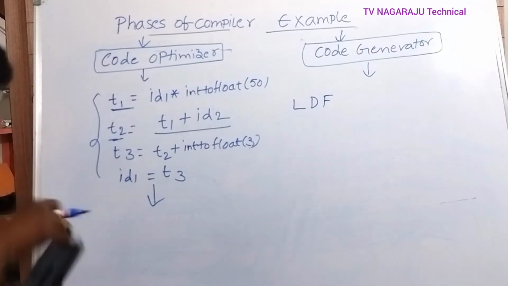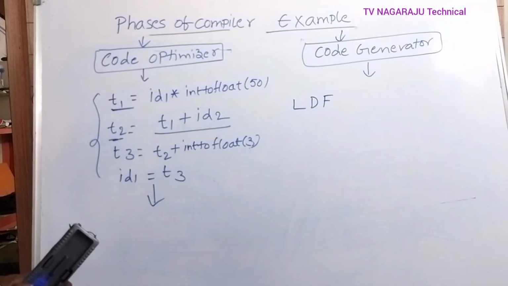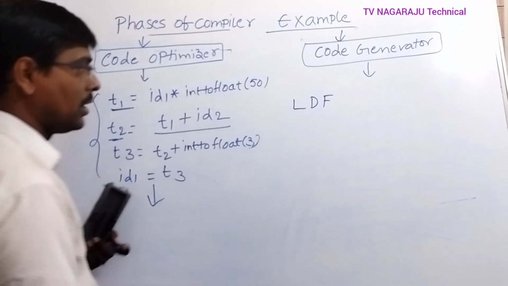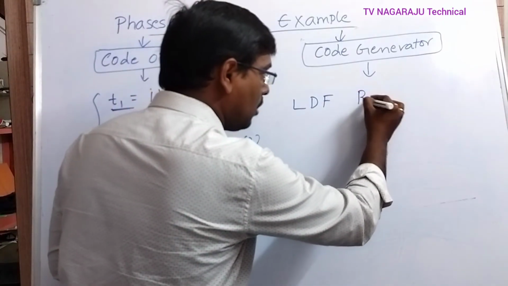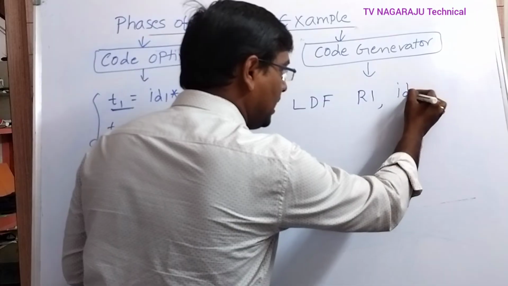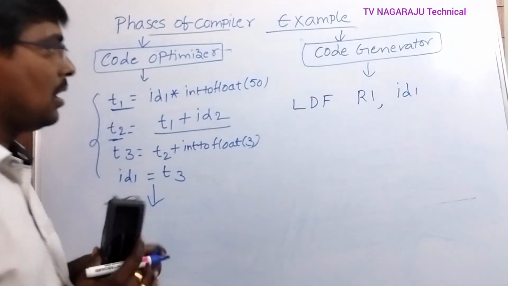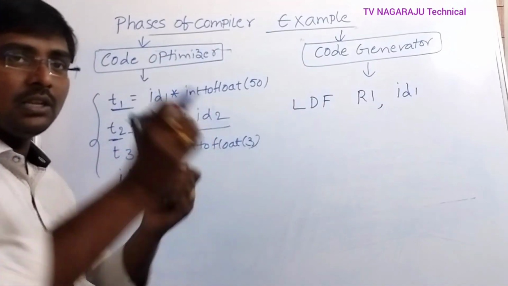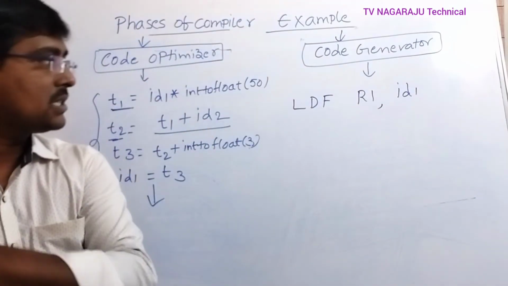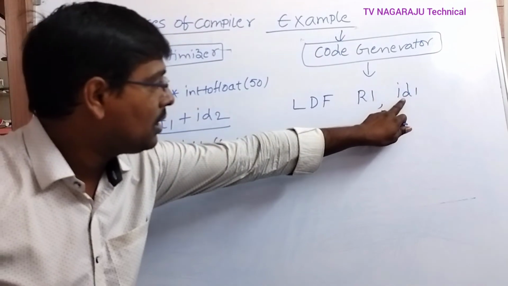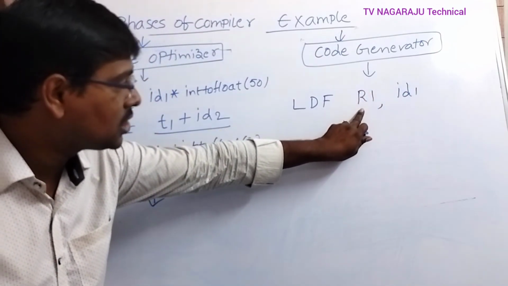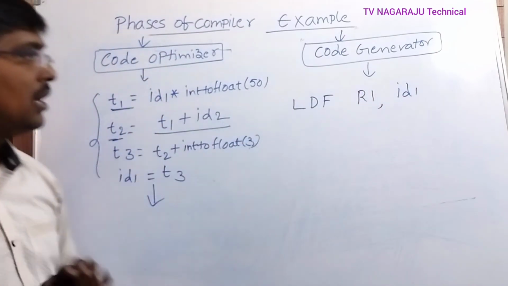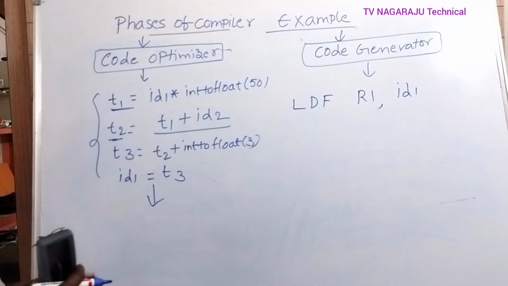Now, write down simply R1 comma ID1. This is my first step. Actually, my instruction is ID1 is equal to ID1 into 50 plus ID2 plus 3. ID1 is stored into register R1.